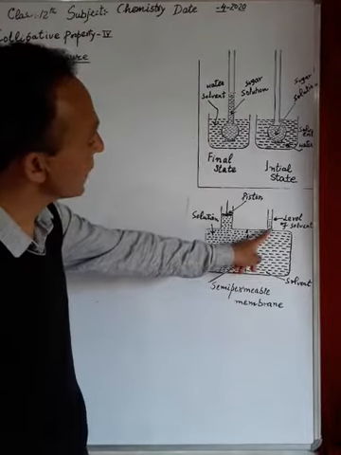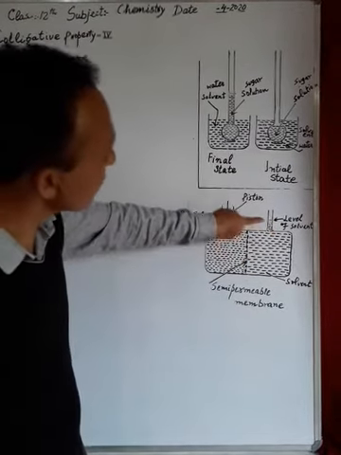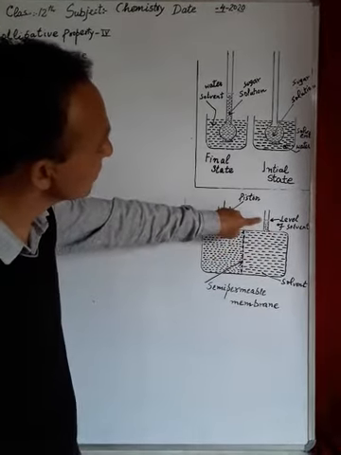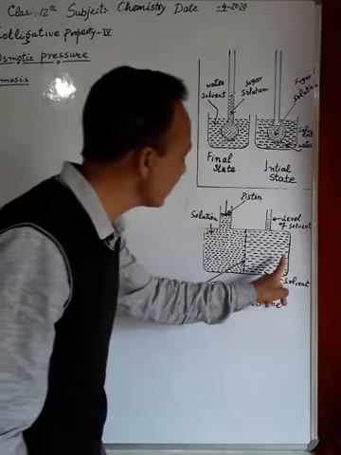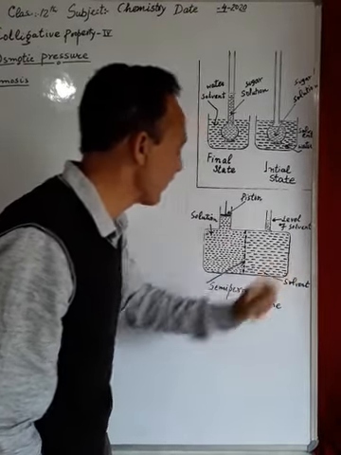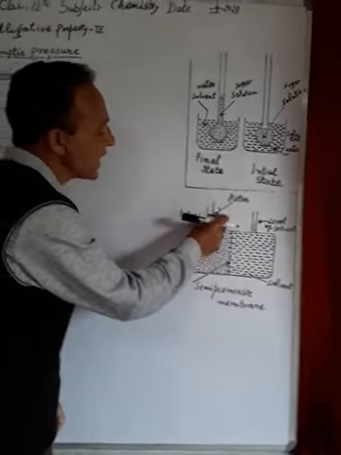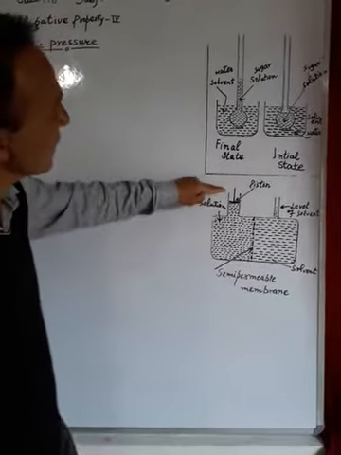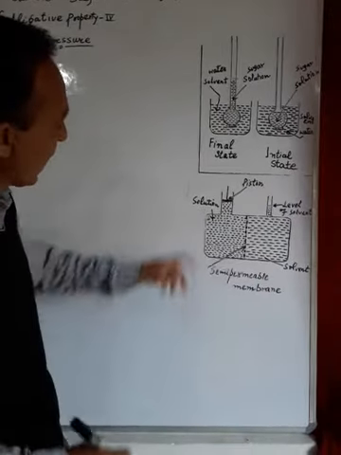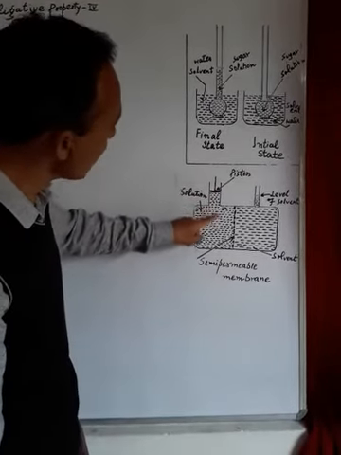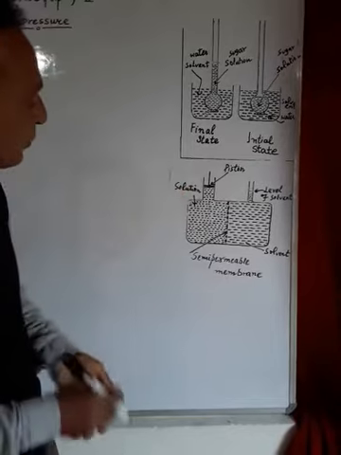One compartment is fitted with a narrow tube, and this compartment contains solvent. The other compartment is provided with a wider tube which is fitted with a piston, and this compartment contains solution.